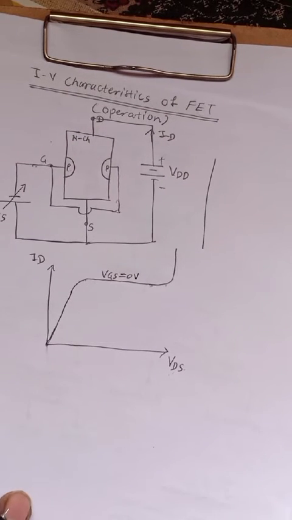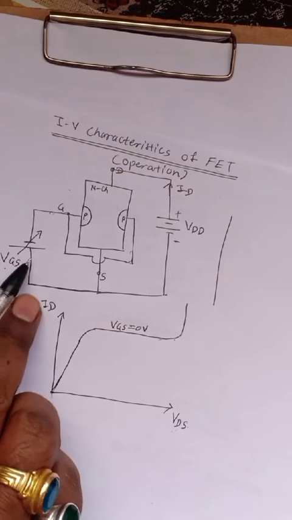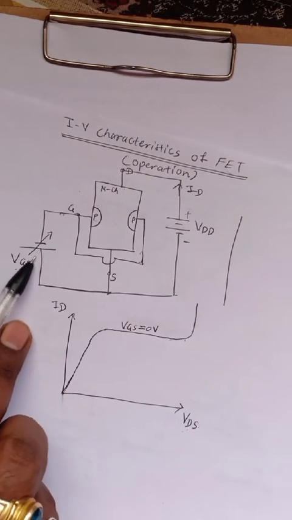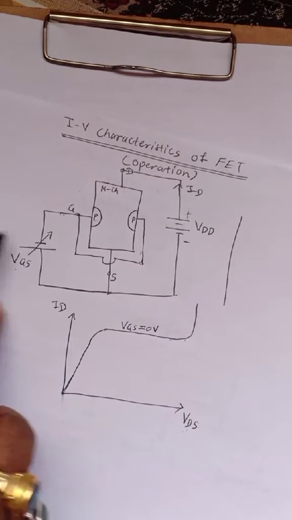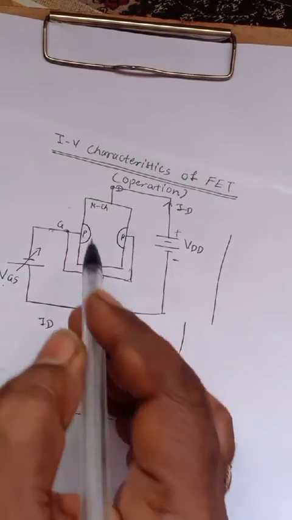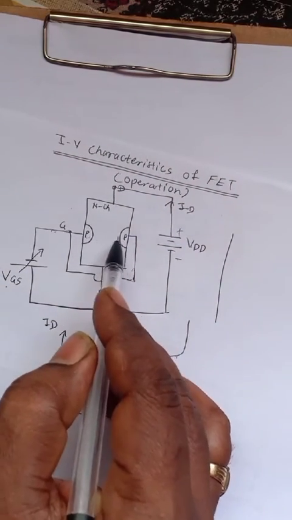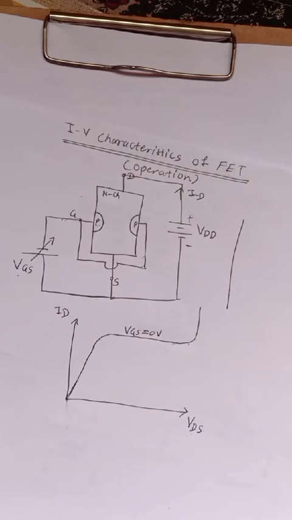Now if we increase the VGS voltage negative, these two PN junctions get reverse biased.